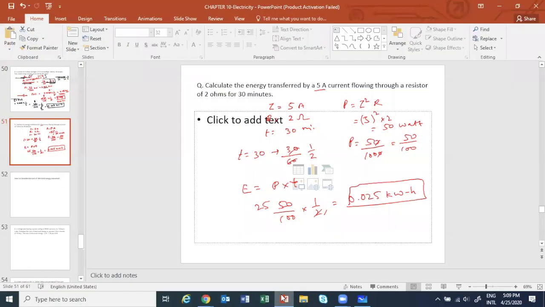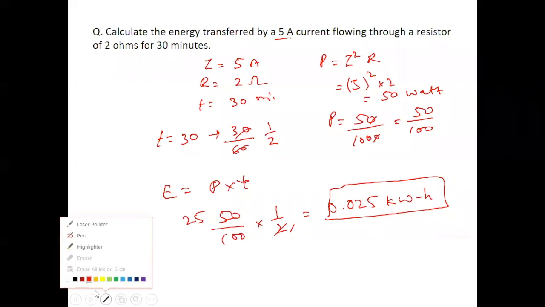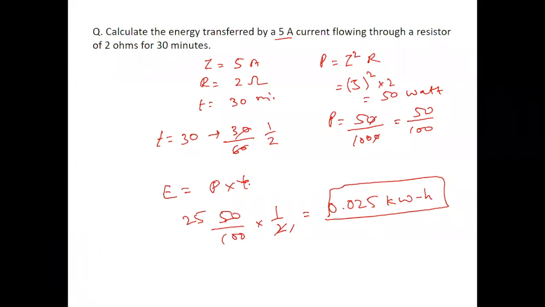But here, if you can see 50 by 100 into 1 by 2, same. Okay, I'll tell you this. 50 by 100 is half, into half is 1 by 4. 1 by 4 means 1, 4, right?